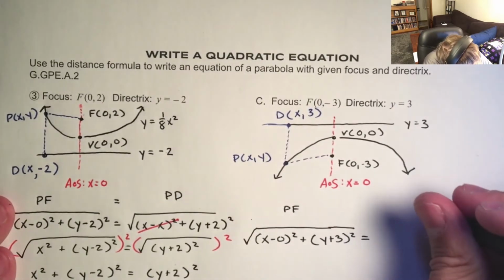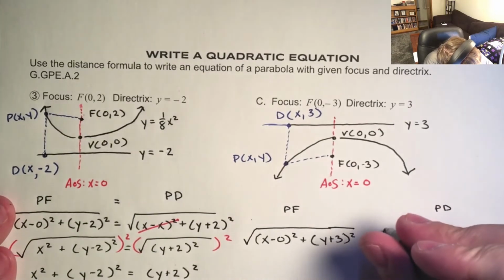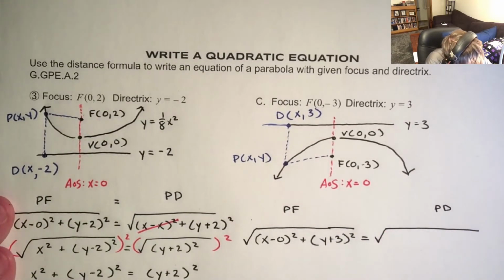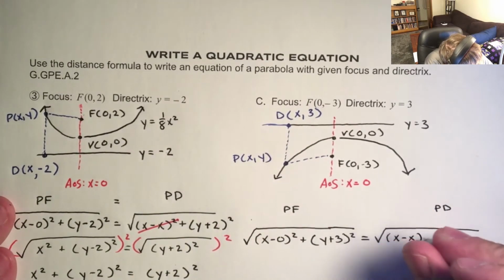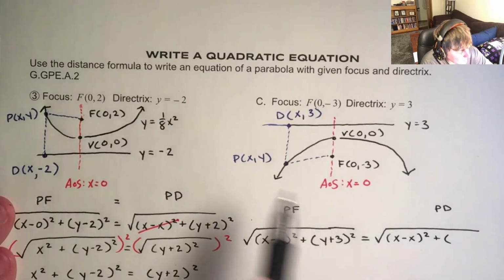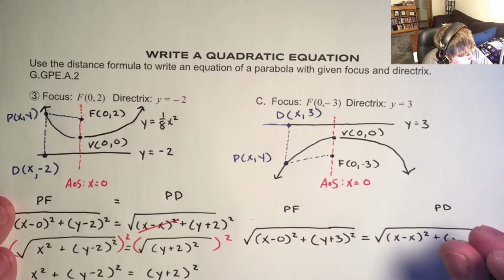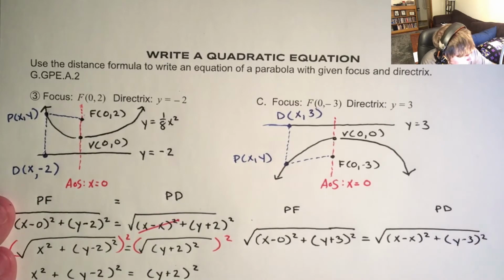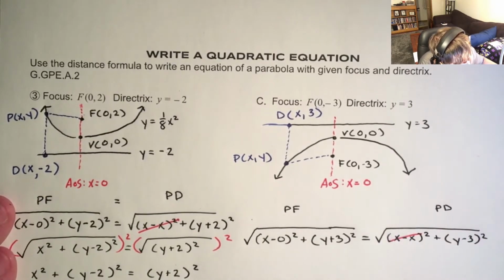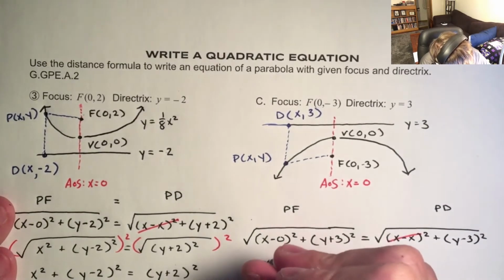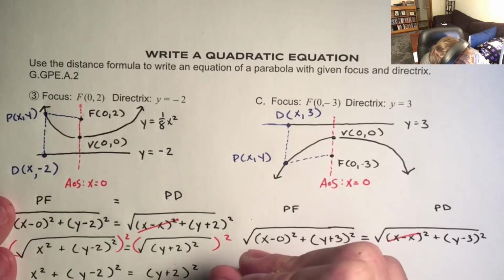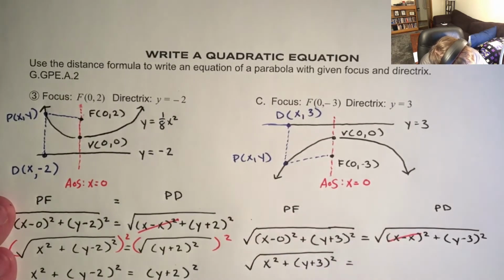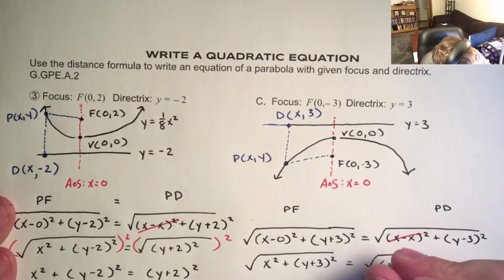Now I have to do P to D. This is going to be the square root of (x minus x) squared plus (y minus 3) squared. Okay, let's simplify. Well, this is gone. We don't need this anymore. x minus 0 is just x. And since that is gone, that is just y minus 3.